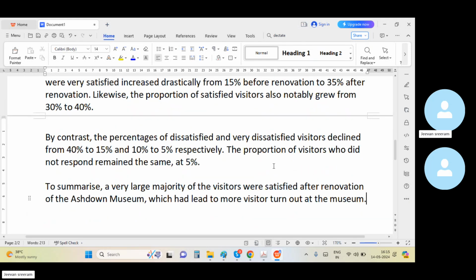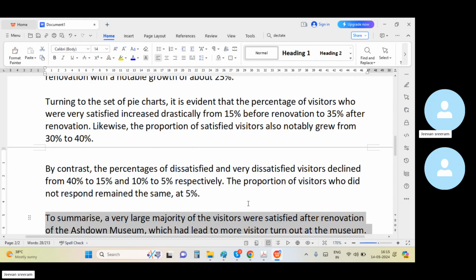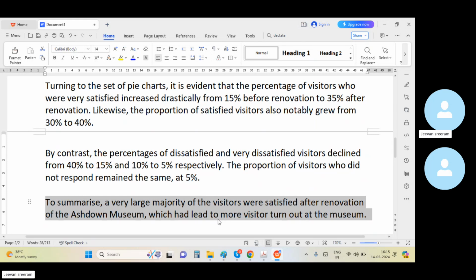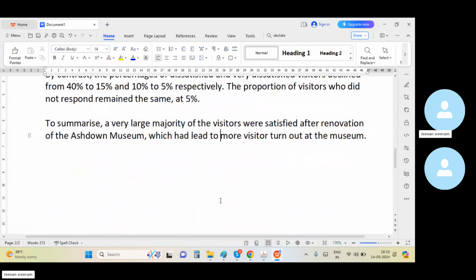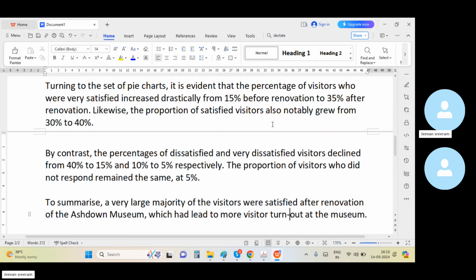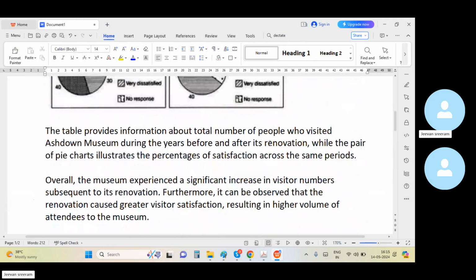Okay, I have just rewritten the same content you have seen in the overview, but with slight modification. More visitor turnout at the museum. Clear? So this document is going to be shared with you, buddy.